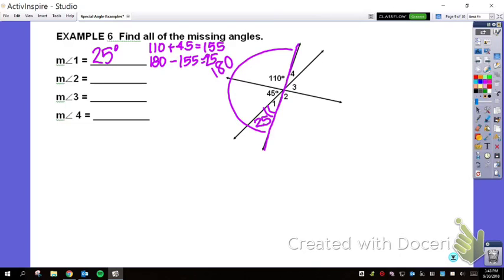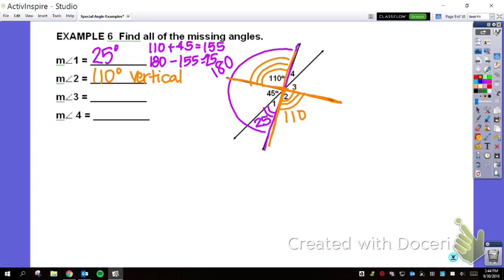Now, we could do that all the way around, but I want to show you that we have a different type of angle pair here also. Here's angle 2. And if we extend those lines that make up angle 2 here, then we see that we have a vertical angle across from angle 2 that measures 110 degrees. So angle 2 would have to equal 110 degrees because of vertical angles.